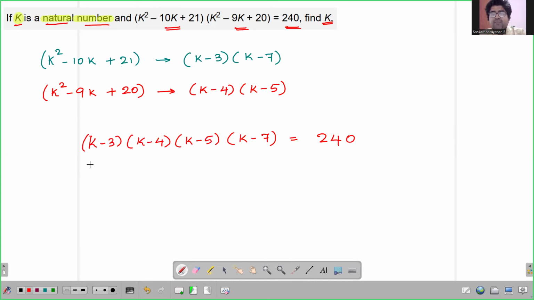So 10 minus 3 is 7, 10 minus 4 is 6, 10 minus 5 is 5, and 10 minus 7 is 3.